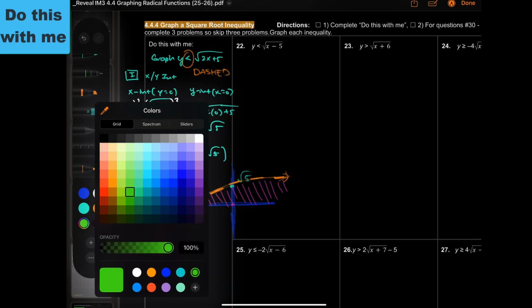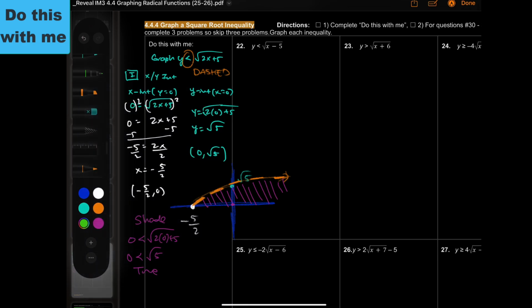So let's say you pick, let's test this point here, 1, negative 1. So if I put in negative 1, is negative 1 smaller than the square root of 7?